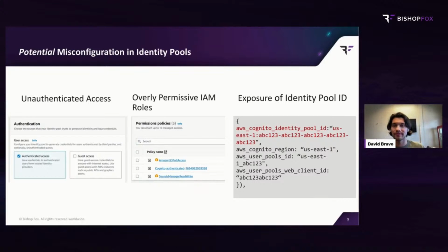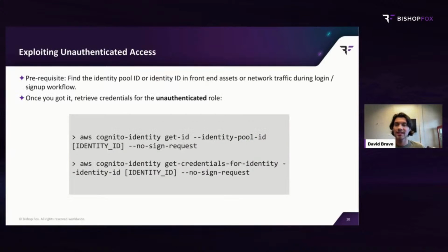All right. Exploiting unauthenticated access. So yeah, the prerequisite for this one is just finding the identity pool ID or the identity ID. These values are likely to be somewhere in the front end assets or somewhere in HTTP traffic that you'd be proxying with something like Burp, looking at it when interacting with the web application, especially when you're doing the sign in and sign up functionality.